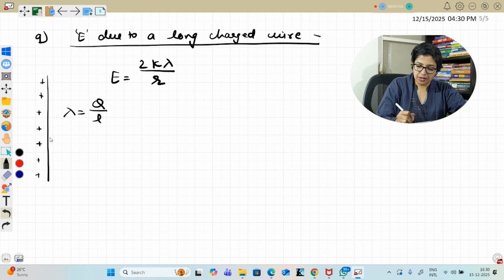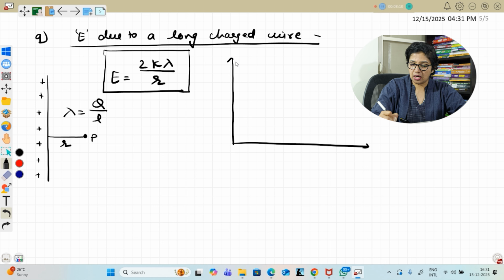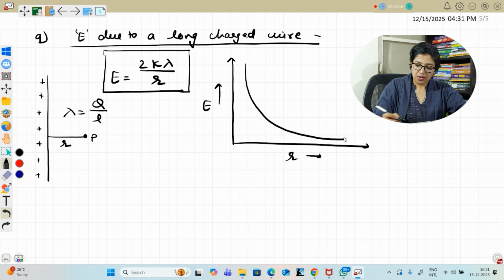Due to this wire, if you want to find the electric field intensity at point P at distance r, it has come as 2k lambda by r. K is nothing but Coulomb's constant. If you have to plot a graph between E and r, it came like this. It's an inversely proportional graph.